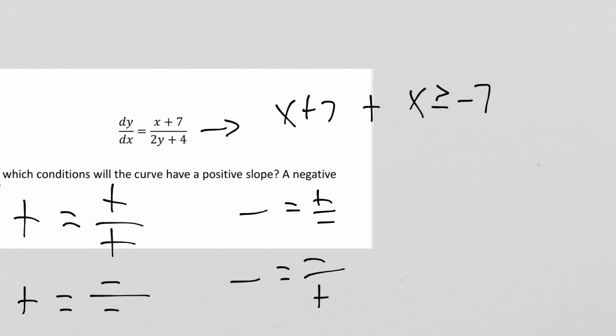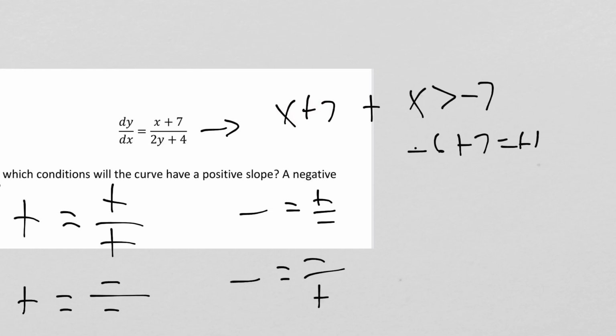Because when x equals negative 7, then this is equal to 0. But if x is greater than negative 7, like for example, if x is negative 6, we have negative 6 plus 7 equals positive 1. And whenever x is greater than negative 7, then x plus 7 is going to be positive, okay?